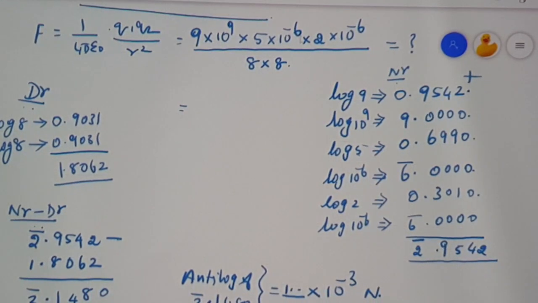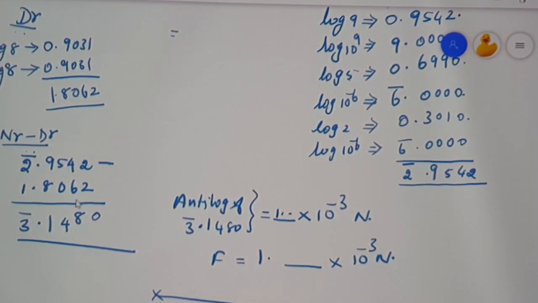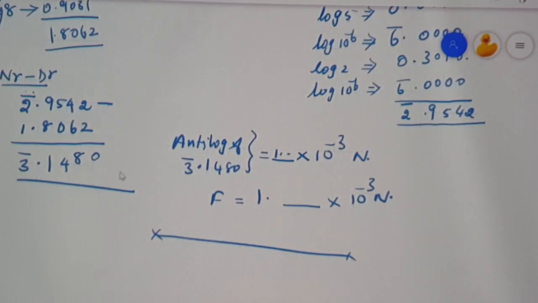First of all, you get the logarithmic values for all the numerator quantities and add them, because you have multiplication. Then for the denominator you add them. Then the numerator value and denominator value should be divided. If you want division, you have to subtract. After subtracting, for the resultant answer, you get the anti-logarithm. That will be the final answer for the given problem.